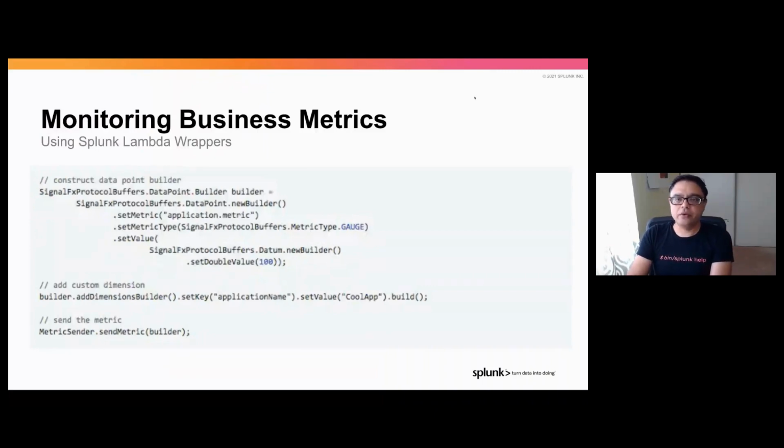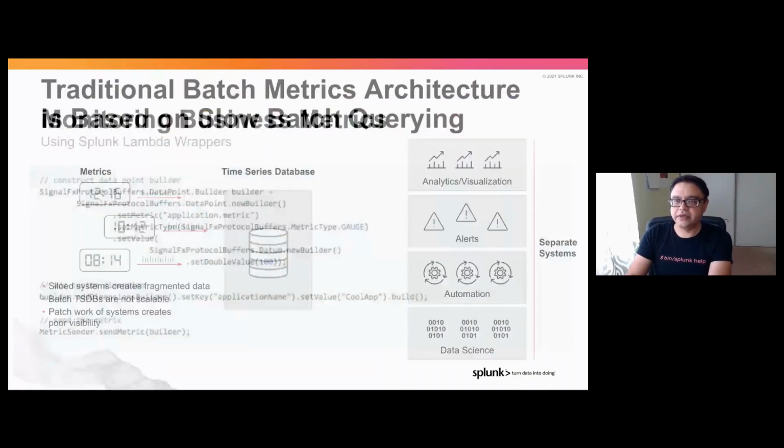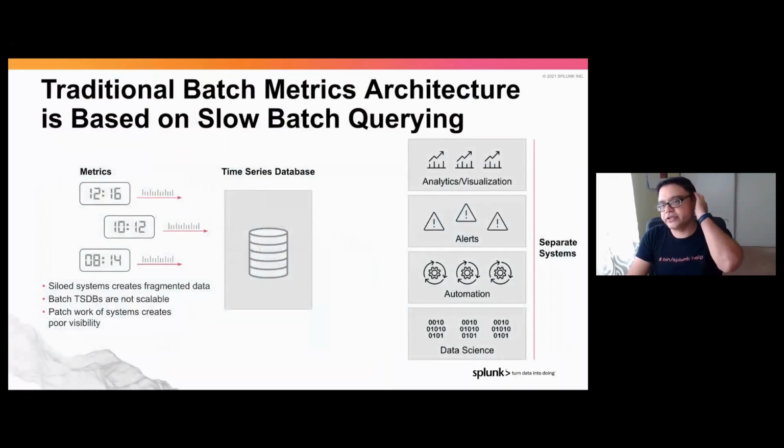Now, I want to talk about why Splunk, because there are other solutions available for serverless monitoring or metrics-based monitoring. And this is what the traditional batch metrics architecture does. The traditional approach to monitoring will not work in the serverless environment. Traditional tools typically store metrics data in a time series database.